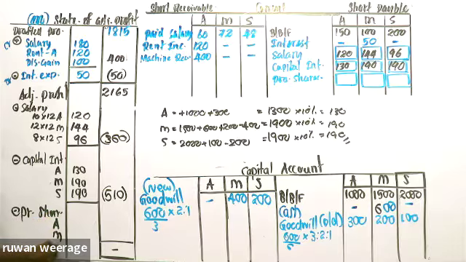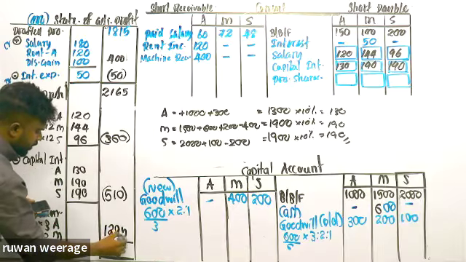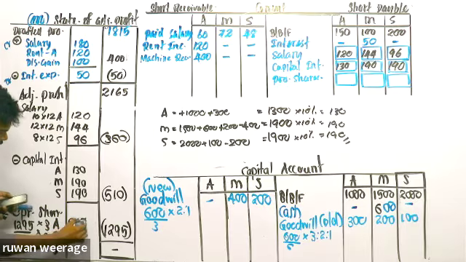Amit, Malit and Samit, you have to take in 3-1 ratio. What's the remaining profit? 200, 1295. Ratio 3-1 means 6 divided by 6. 647.5.